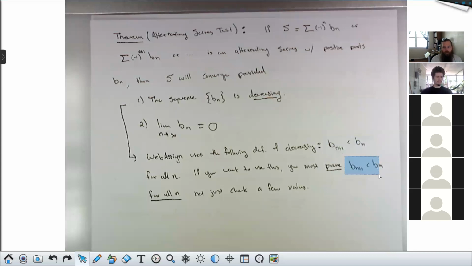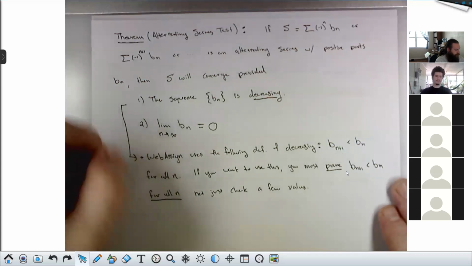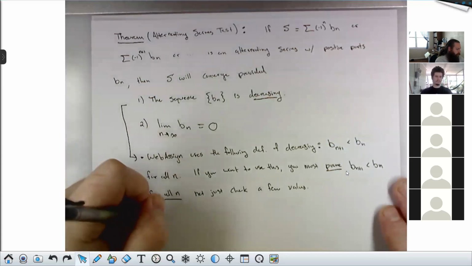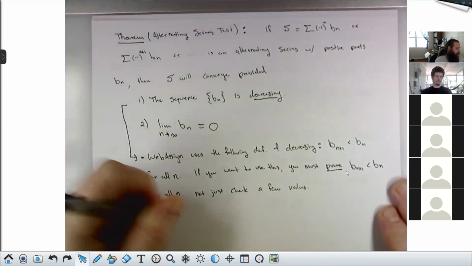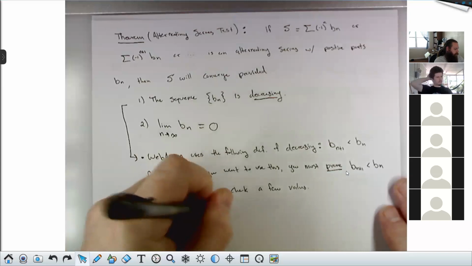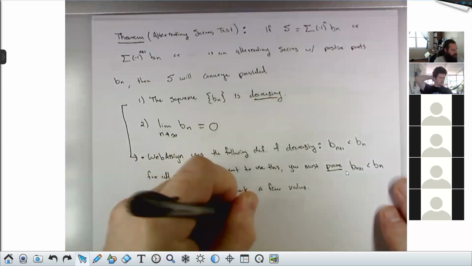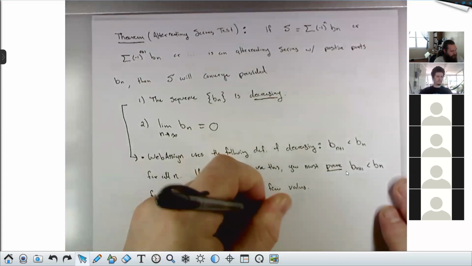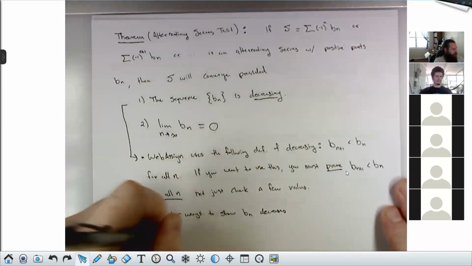Sometimes proving this inequality isn't hard, and I'll show you an example where I prove that directly. And if it's easy to do, go ahead. But what are some smarter paths to prove Bn is decreasing? Include the derivative.